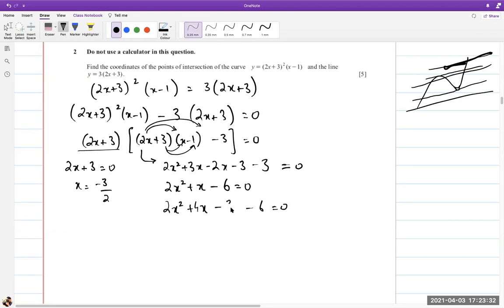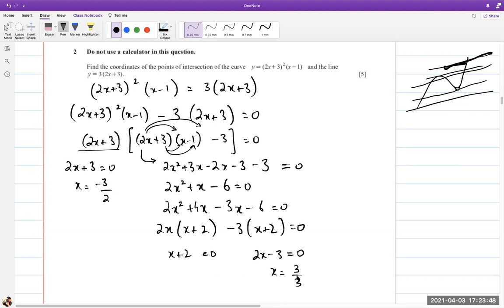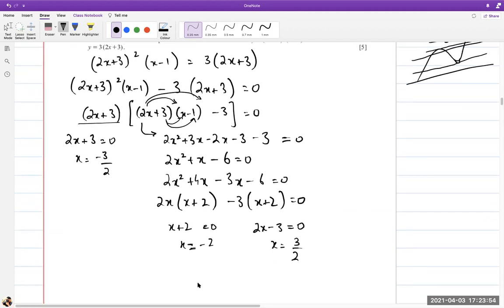So now 2x is common, gives me x plus 2, and here minus 3 is common, gives me x plus 2 equal to 0. X plus 2 equal to 0, or 2x minus 3 is equal to 0. Now you'll notice that I'm getting minus 3 by 2, 3 by 2 here and minus 2 here. And that's my three answers.